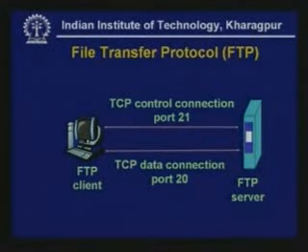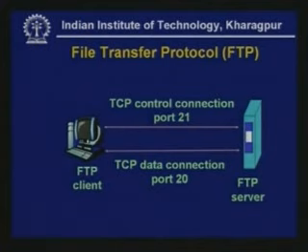Out-of-band control is a general term. Whenever two nodes are communicating and there is some control information going between the two, for example in a telephone, the connection setup and ringing are control information. If this control information and the actual data occupy two distinct channels, it is called out-of-band communication. So for the control connection TCP uses one port, and for the data connection it uses a different port.